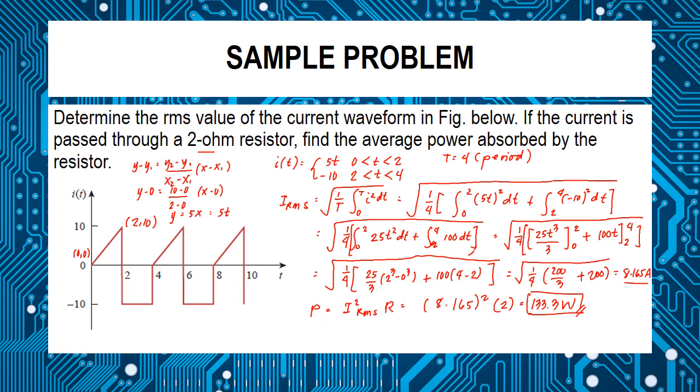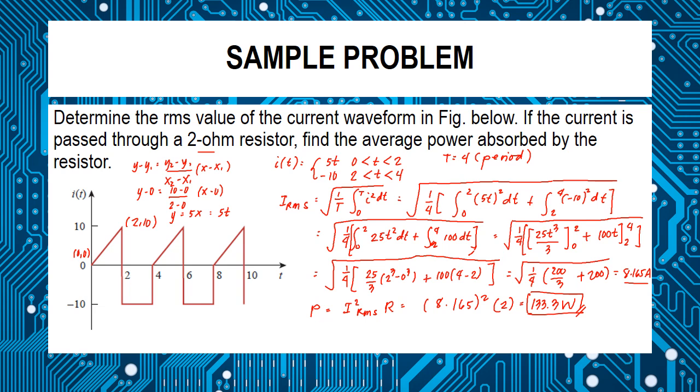So this will be 0, 0. So y minus, my y1 is 0, and then y2 is 10 minus 0, and then x2 is 2 minus 0, and then we have x minus x1, which is also 0. So I have here y equal to 5x. But since our horizontal axis is t, this is equal to 5t.